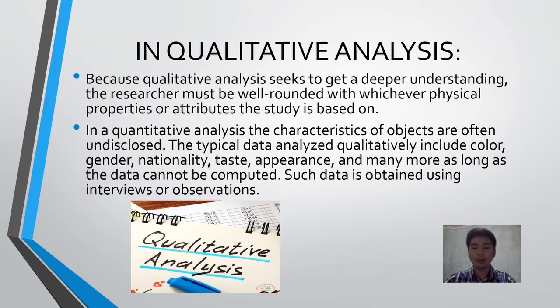In a quantitative analysis, the characteristics of objects are often undisclosed. The typical data analyzed qualitatively include color, gender, nationality, taste, appearance, and many more, as long as the data cannot be computed. Such data is obtained using interviews or observations.